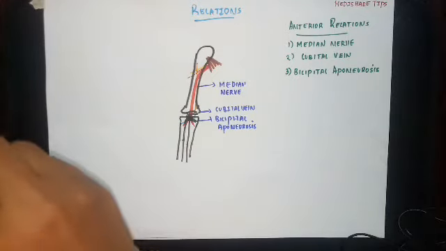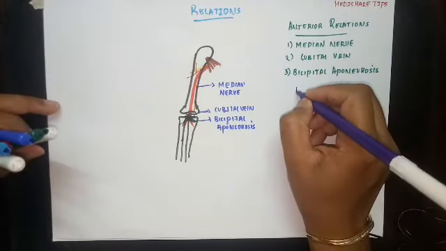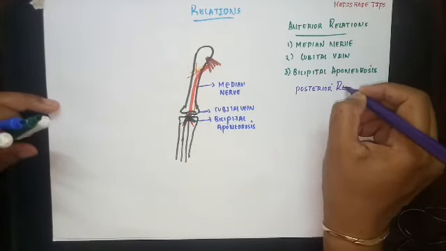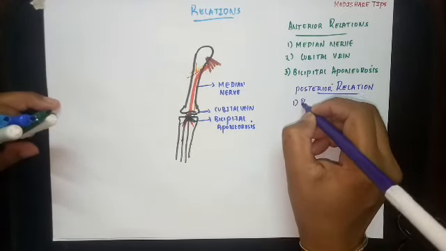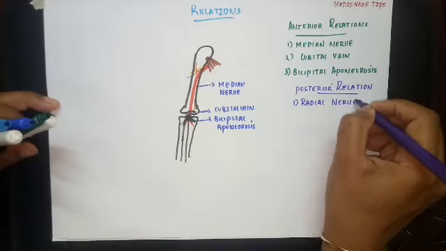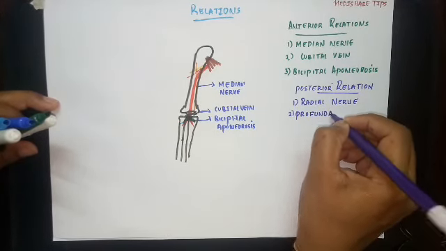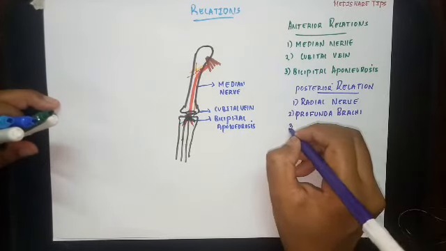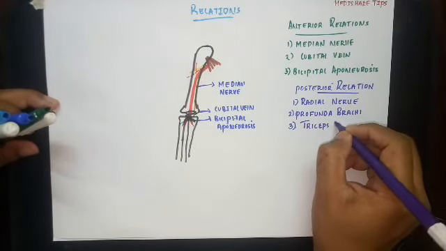So the posterior relations of the artery are the radial nerve in the spiral groove, the profunda brachii artery, which is a branch of the brachial artery itself, and the triceps brachii muscle.